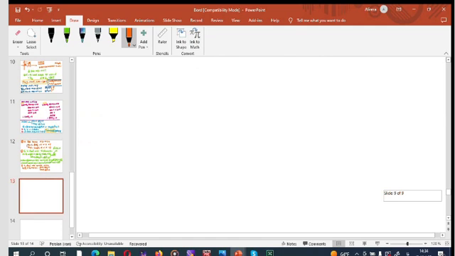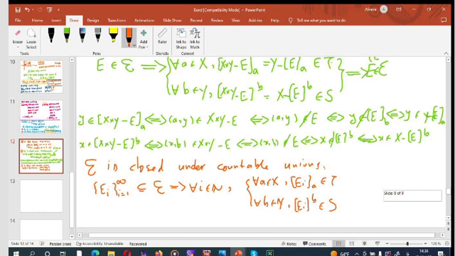From this I conclude that for each A in X, the section of the union equals the union of sections, it is very easy, and must belong to tau.